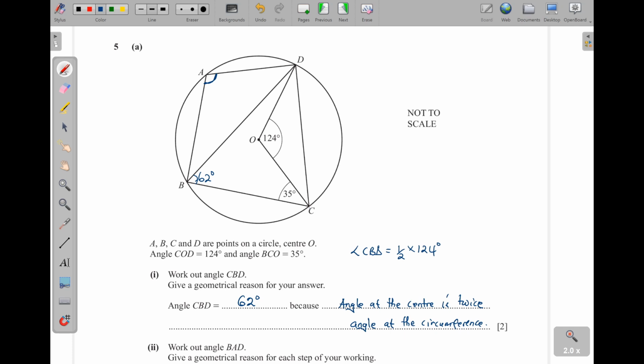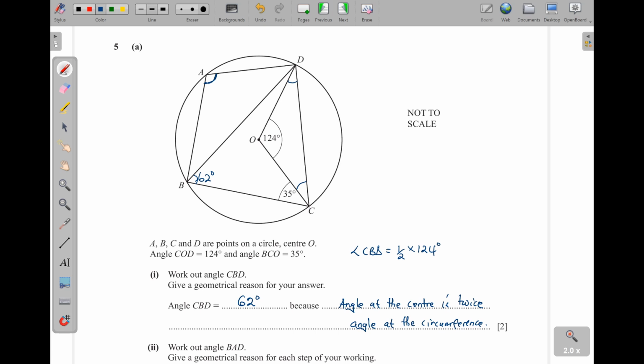Now, do you realize that if I get this angle fully, then this angle and A are opposite angles on a cyclic quadrilateral, because A, B, C, and D are all on the circumference of the circle? Not so?